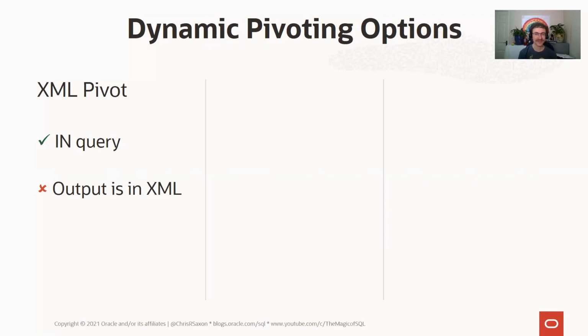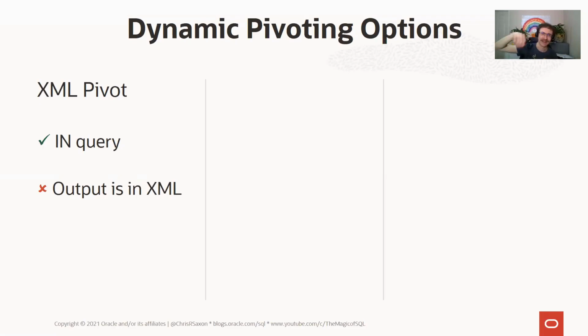So at first glance, this seems perfect, but in practice, it doesn't really do what you want to do. Now, in order to actually take that data and turn it into columns, you need to process the XML. Maybe your client-side tools are able to do that for you in some automagic way, but it's very difficult to do inside SQL if you're using this in other queries or other data processing that you need to do, because the values that you want to become columns are the values in the attributes.